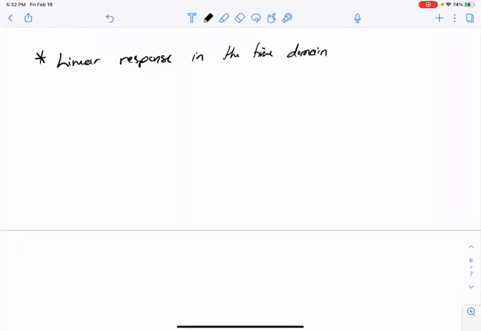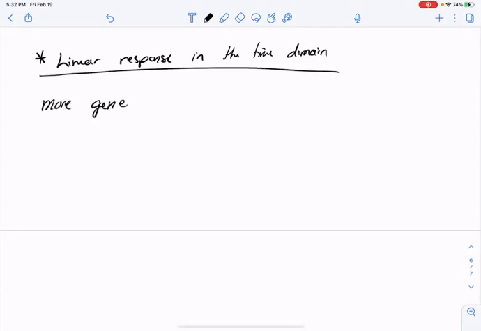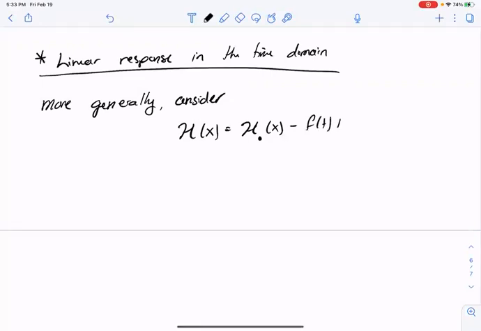Okay, so more generally, we can consider an arbitrarily complex system obeying the Hamiltonian H, acting on our phase space, that is decomposable into a reference Hamiltonian acting on that space minus a time-dependent force that acts on some observable A in a linear way.